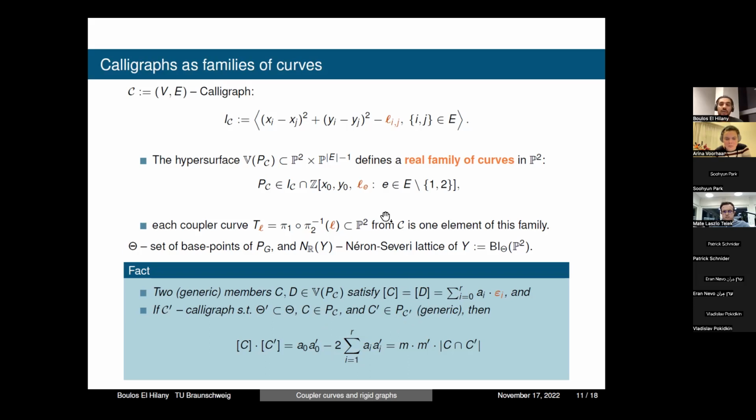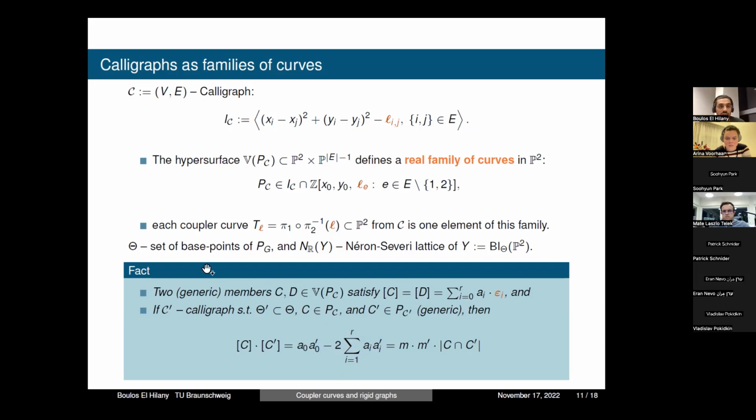All right. So the takeaway here is that one can represent calligraphs as families of curves, and each family corresponds to a vector, and the number of intersection points of any two families of curves is equal to the product of two vectors in this way.